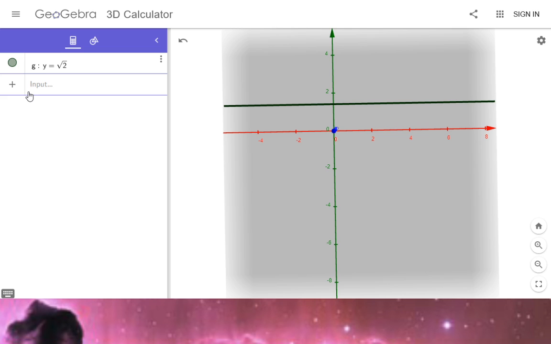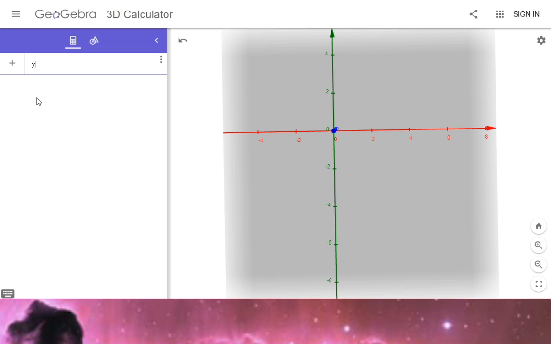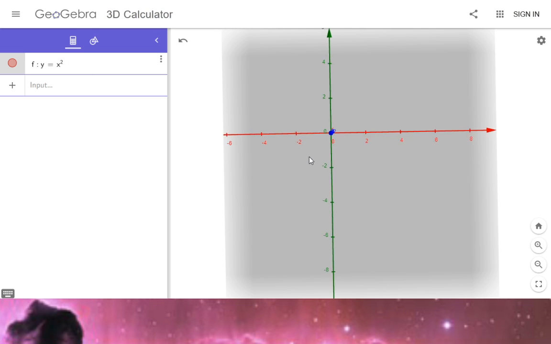Now, let's delete this. Oh, it says solve. Let's try y equals x, y equals x squared. There's an answer. There's a thing here. It says solve. Well, it's not there now. I don't know why.